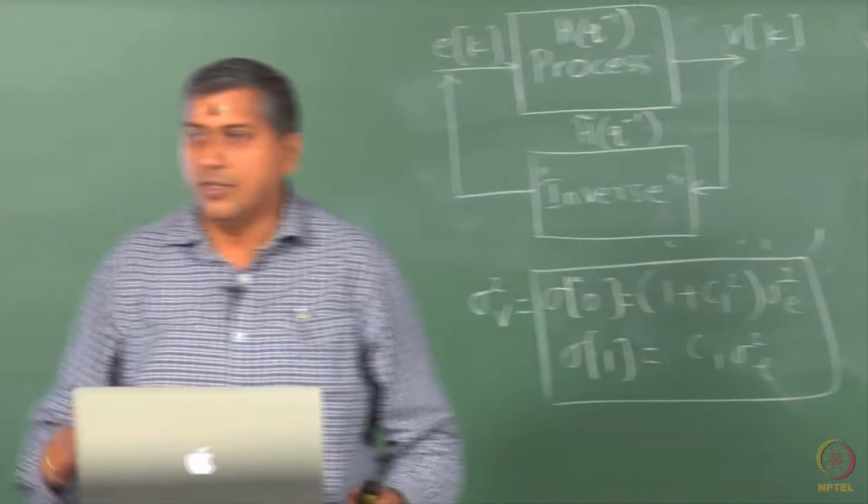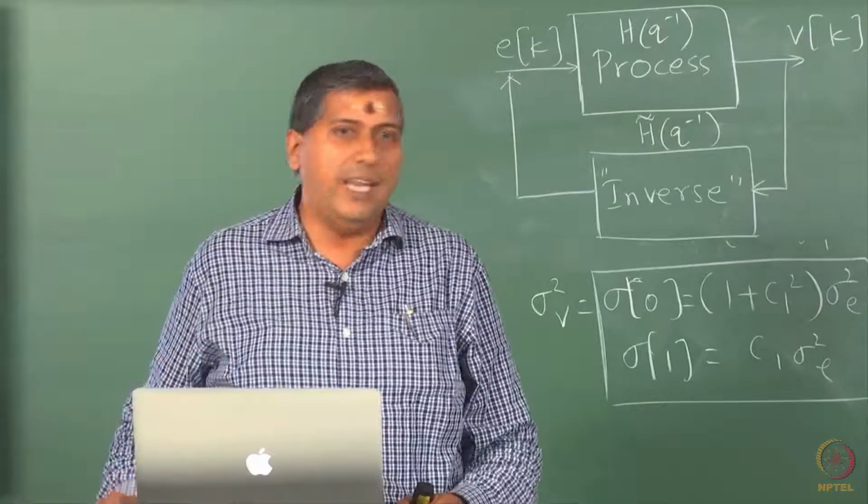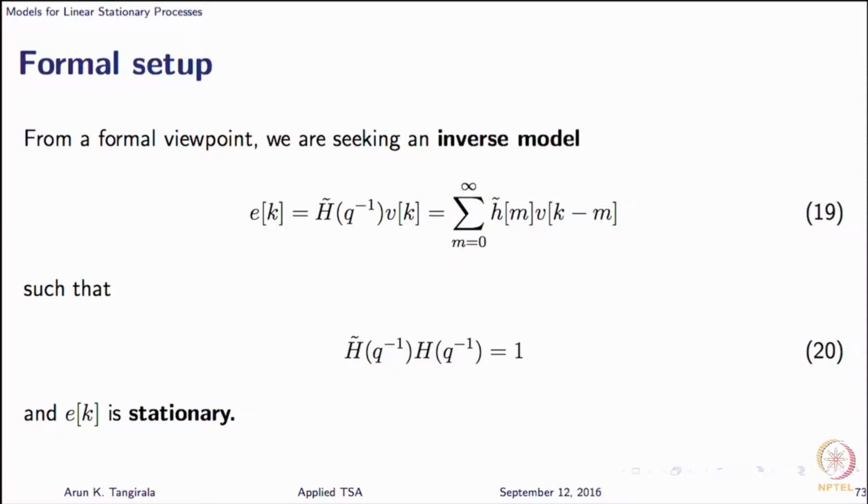In fact, it should be the other way. What I show on the screen is H tilde times H equals 1, but that is also okay, because these operators are commutative. That is, Q inverse operating on Q should get me 1, Q operating on Q inverse should get me 1. So, whether you write H tilde operating on H or H operating on H tilde, it does not matter, they should come out to be 1.